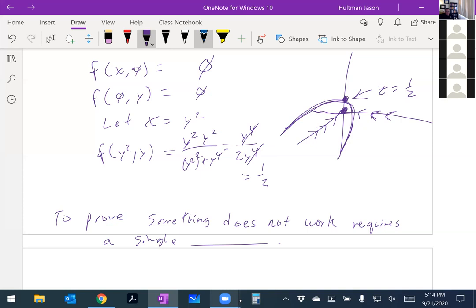No. Yeah, thank you, Long. It is a counterexample. Very good. It's a single counterexample. Isn't that what we've been doing here? Once we get a single counterexample, can't we stop? It's much easier to prove something does not work because it requires only one counterexample.